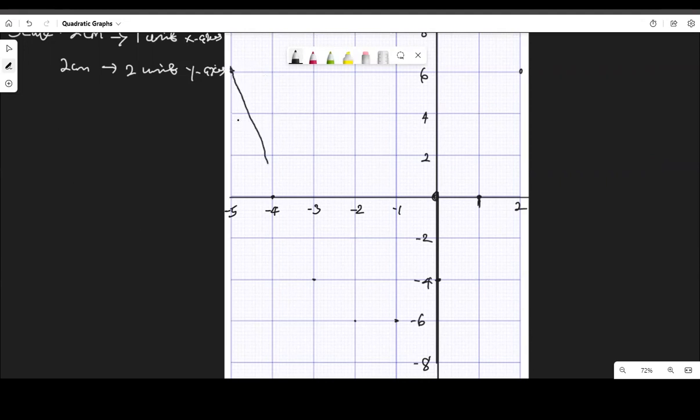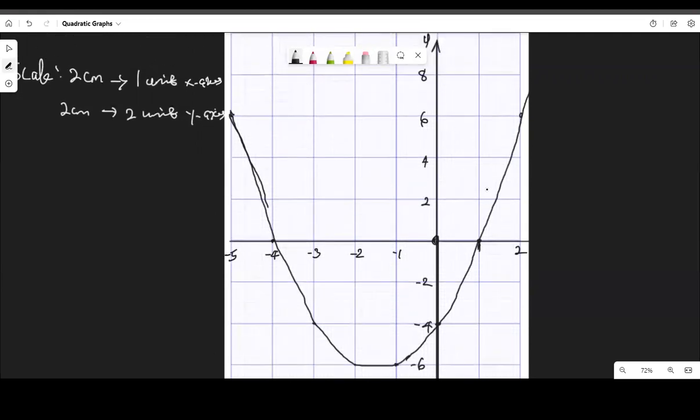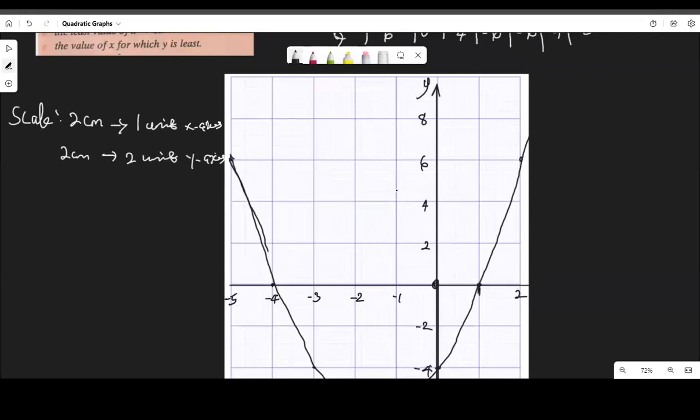This is not going to be perfect, but you get the idea. So this is the curve of this quadratic equation.